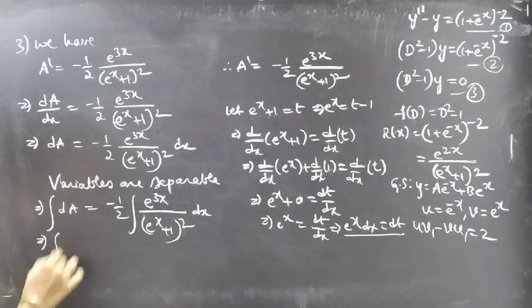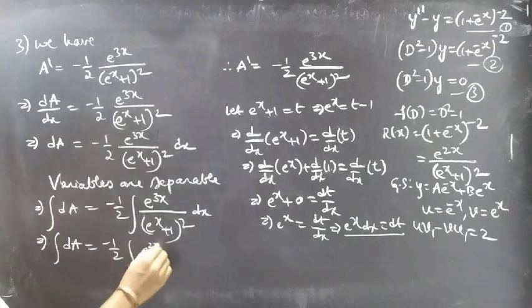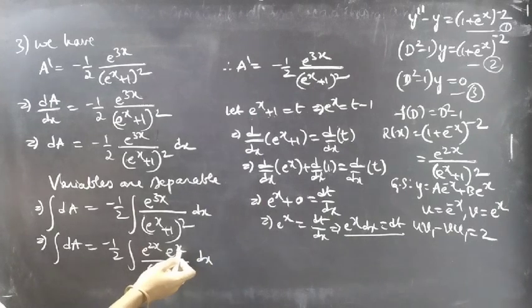Now let's split e power 3x as e power 2x into e power x by e power x plus 1 whole square into dx, so that we can replace e power x dx with dt and e power x plus 1 with t.